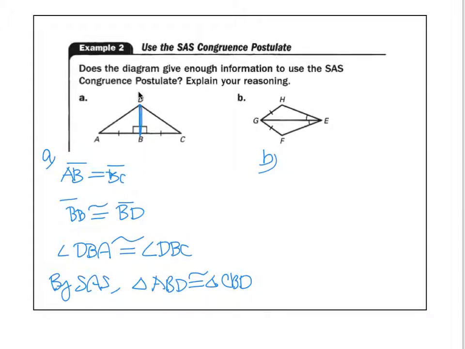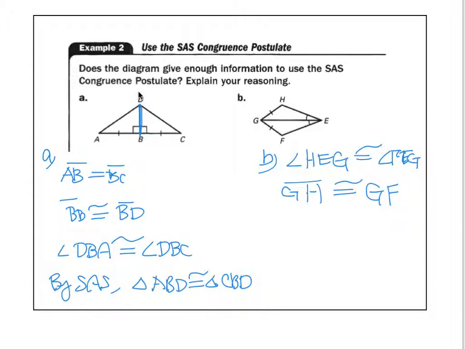This one, you have one side, you have one angle. Angle HEG is congruent to angle FEG. Okay, one angle. And you have one side, GH and GF are congruent.